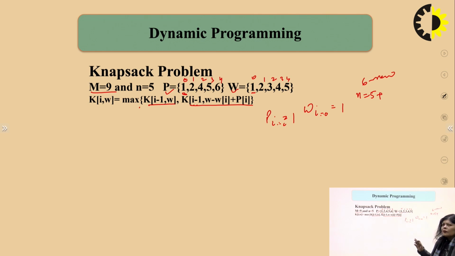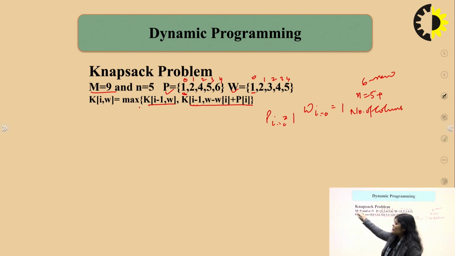How many columns are we going to have? The number of columns depends upon the maximum capacity of the knapsack. So here M is set to 9. This is the maximum capacity of the knapsack, and that many columns we have to take into the table.